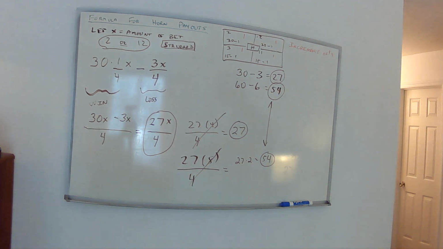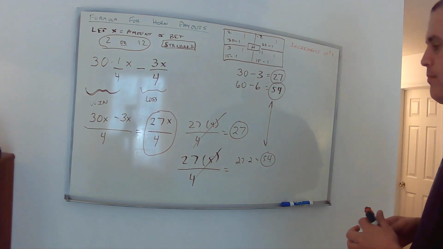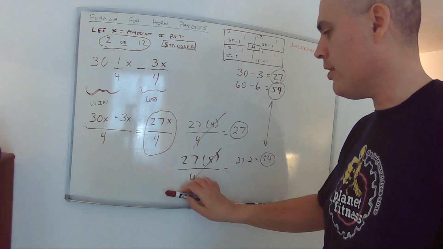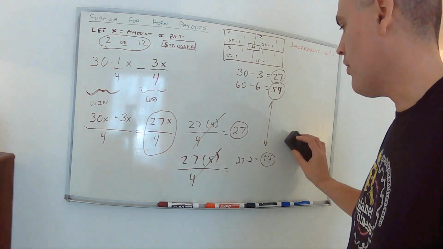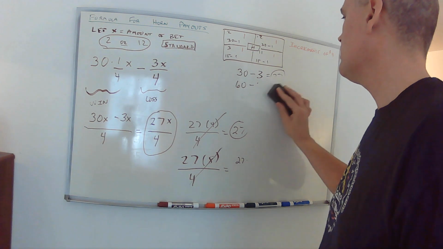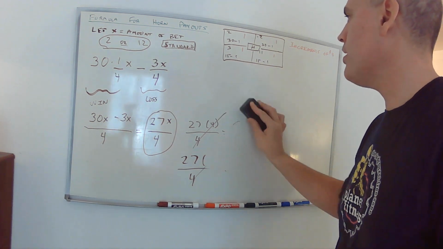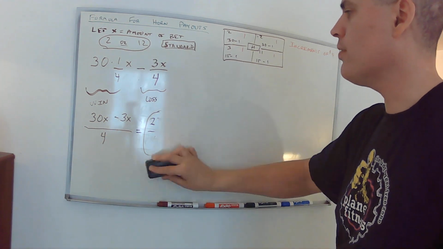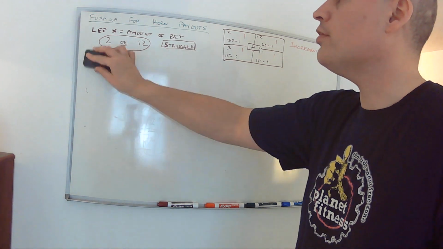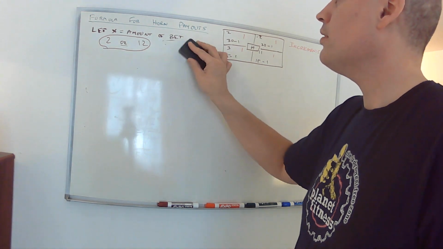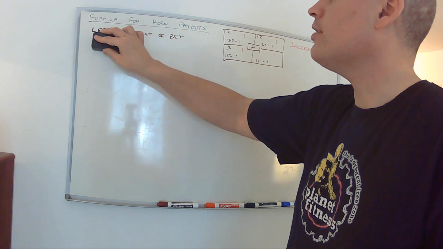The same deal is going to work here. It's really nice how it works out for a horn bet on a 3 or an 11, because that's a really nice formula. It works out really good. So we're staying on the standard bet here for now.